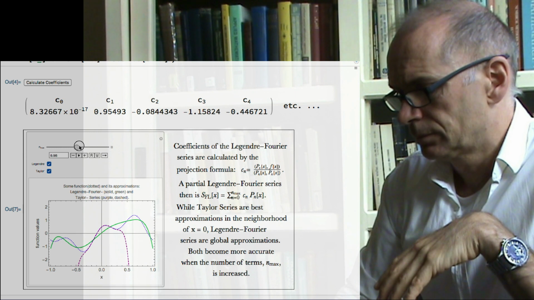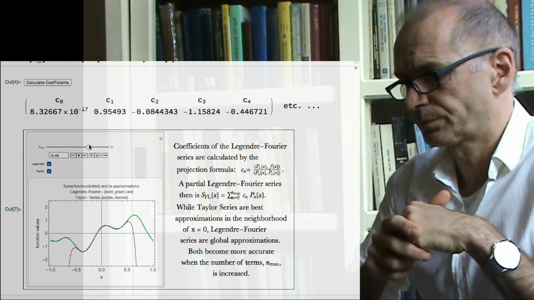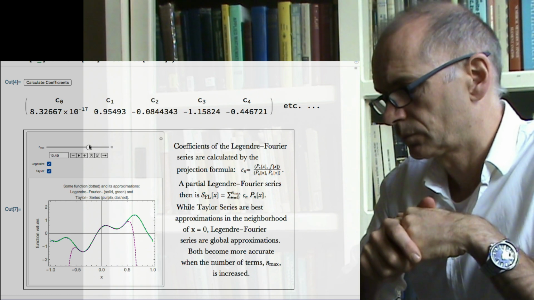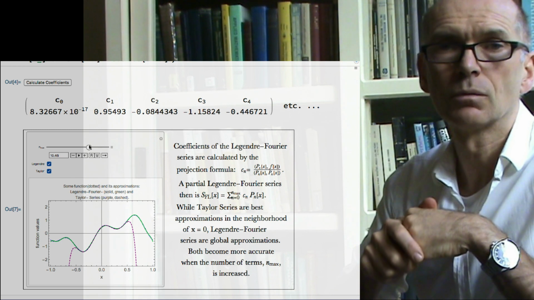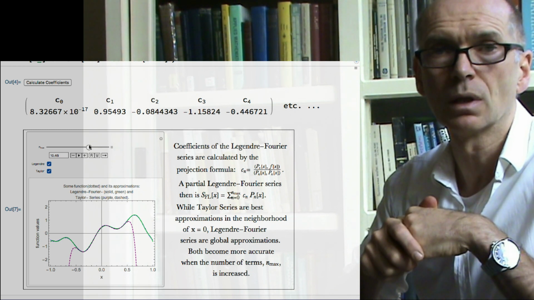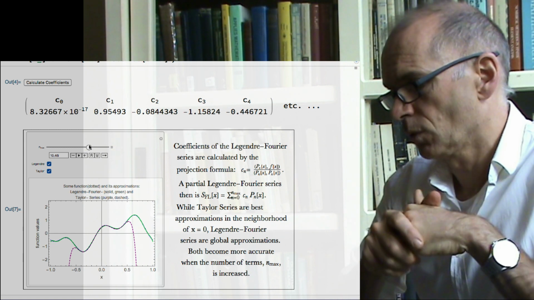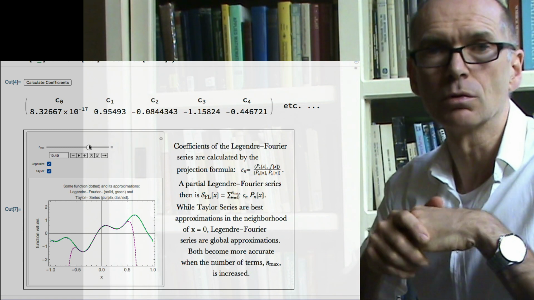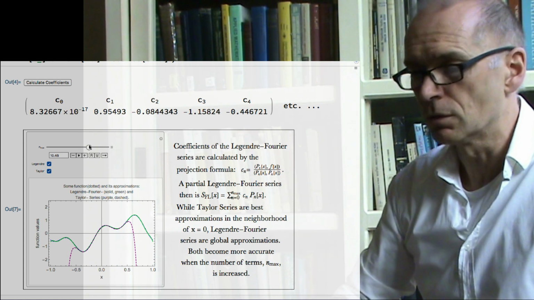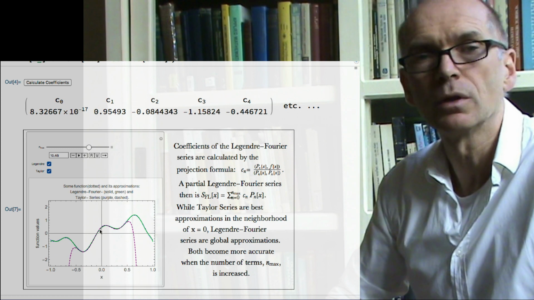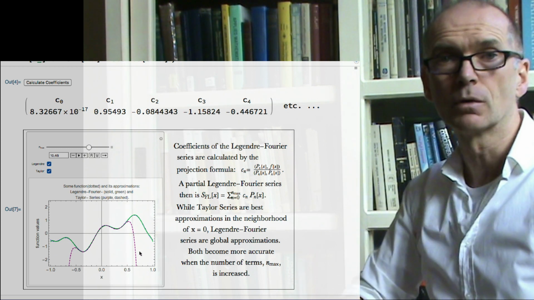See? And that is also the reason why, let's say in this case with about 10 terms taken into account in the partial sum, the Legendre series is kind of accurate over the full interval, and the Taylor series has become very accurate at the origin, but away from the origin it is totally off.